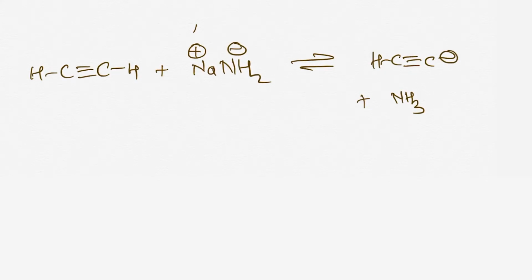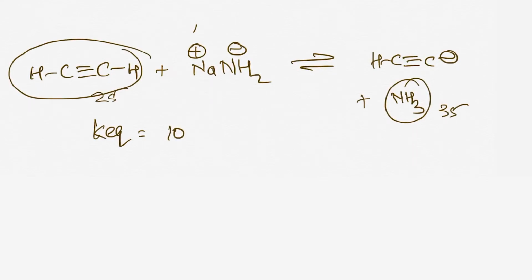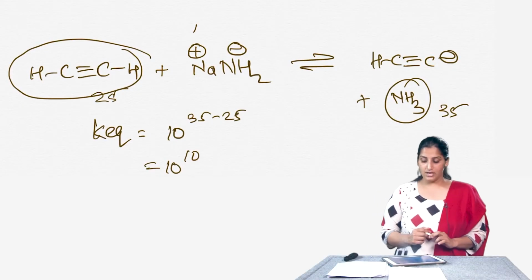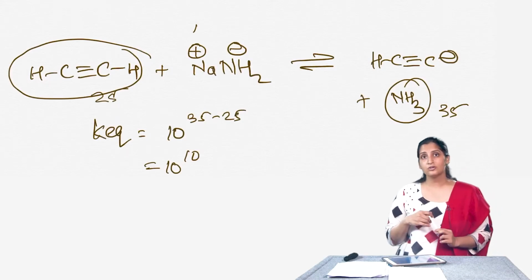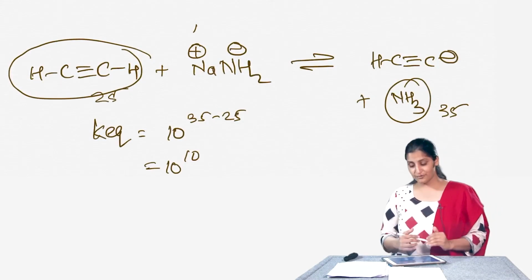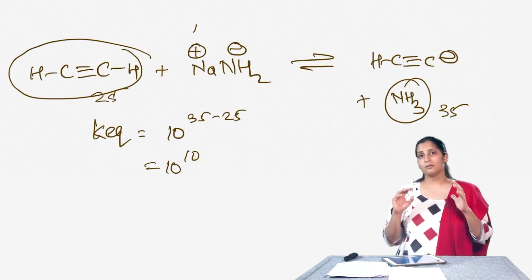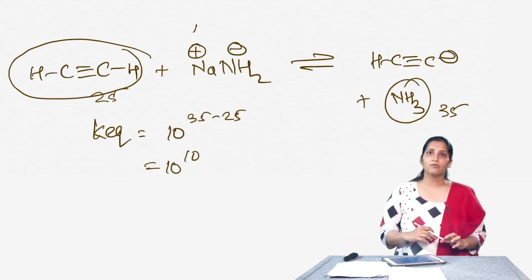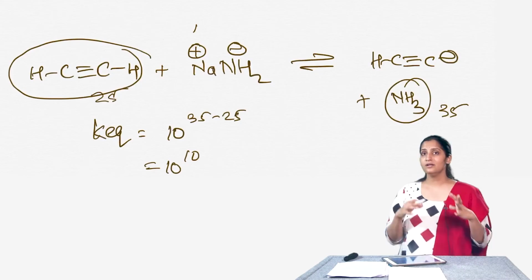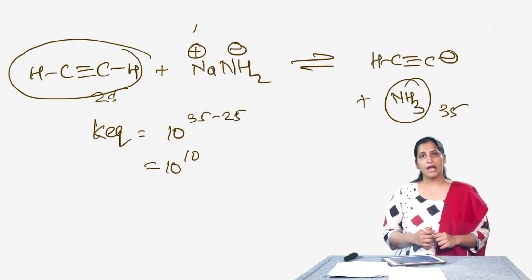If I look at the Keq for the reaction, it will be 10 to the power of the pKa difference: this pKa is close to 35, this pKa is close to 25. So, 35 minus 25, that is 10 to the power 10, right. So, if I use NaNH2 instead of NaOH in order to deprotonate acetylene, you get two different results, because in one case you are able to make the reaction go in the forward direction, in the other case, as in the earlier one, it will mainly remain as the reactant.